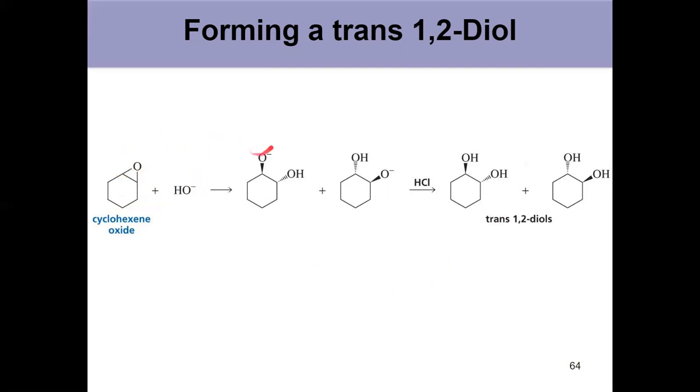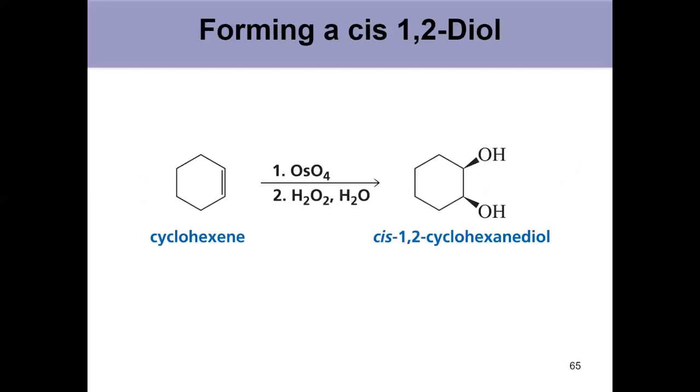Then if you protonate your final product, you get two alcohols next to one another, trans 1,2-diols, also known as glycol or vicinal diol. They form trans specifically due to backside attack in this situation. So these two are always going to form trans to one another, and we get two products from that anti-addition. You can form cis diols if you want to.